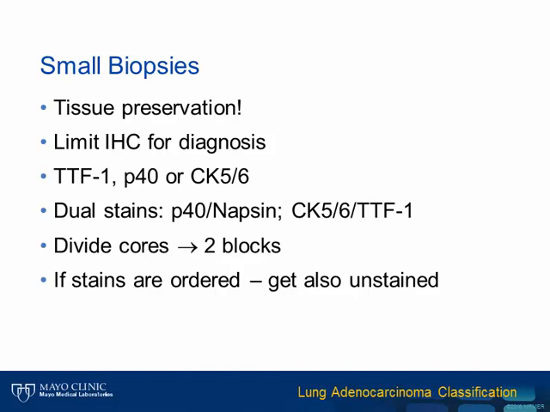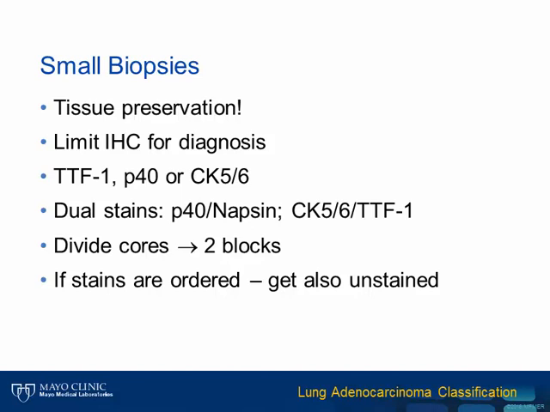If your immunostains lab is capable of doing dual stains, some appropriate combinations might be P40 and napsin or CK5/6 and TTF1. Also, if you have more than one tissue core available, you can divide these cores into multiple blocks.